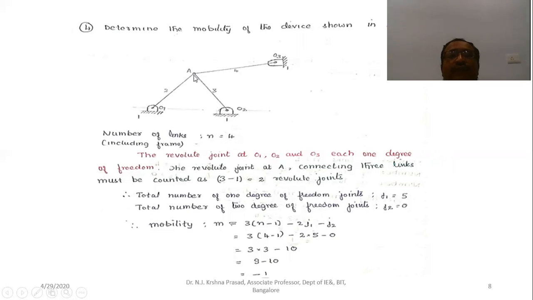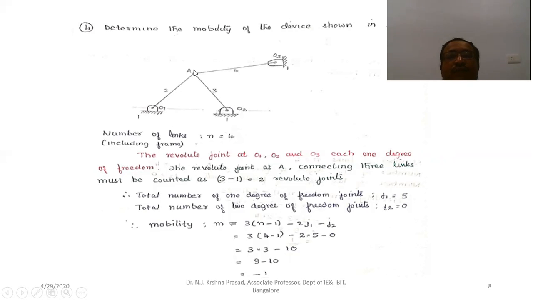For O3, you give the number 3. For A and O3, it is 4. So the total number of links is 4. And at points O1, O2, O3, each has 1 degree of freedom.